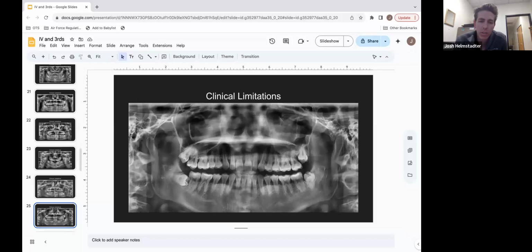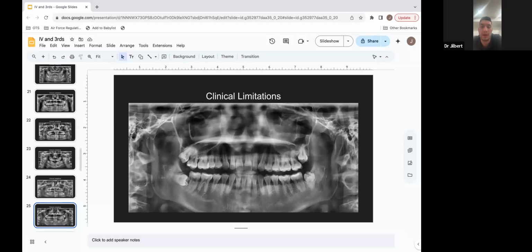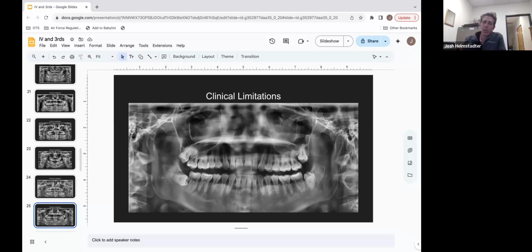Any questions so far while I'm going through these? Yeah, Dr. Josh, are you placing bone grafts when you're taking out these third molars, or a collagen plug, or just leaving it? I'm usually doing a collagen plug. I would like to do PRF. I used to do PRF at my last office, and there was a lot less pain, but I'm still not seeing much pain with a collagen plug.